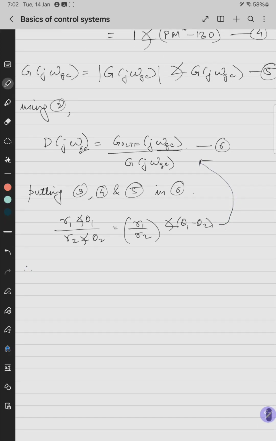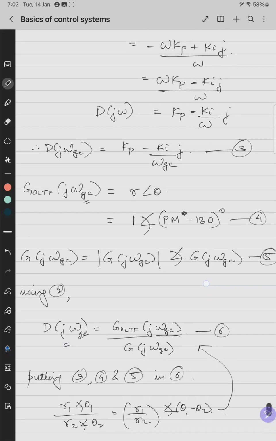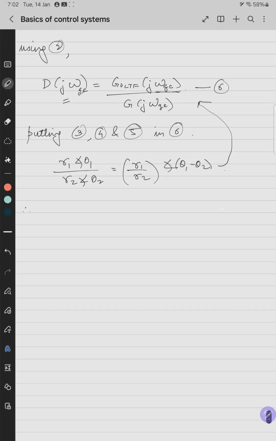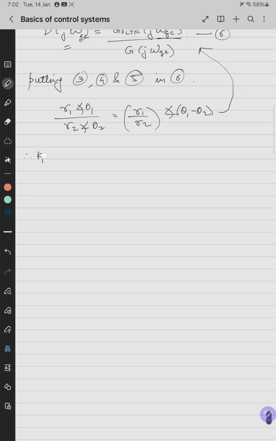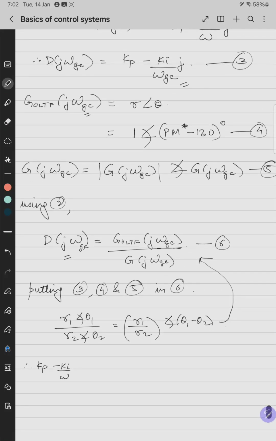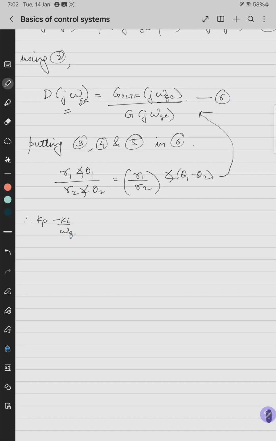So therefore, what is D of j omega gc? It is equation number 3. So Kp minus Ki by omega. But what is omega? Omega is omega gc into j. This is in rectangular coordinates. Let it be as it is. We have converted only the numerator by denominator in polar coordinates.